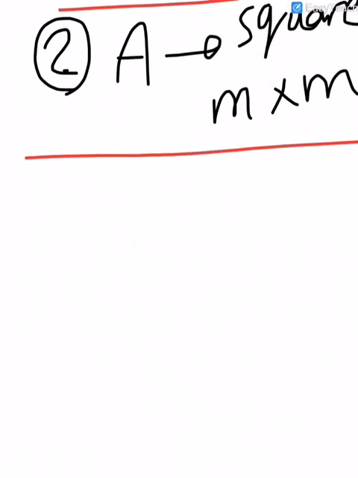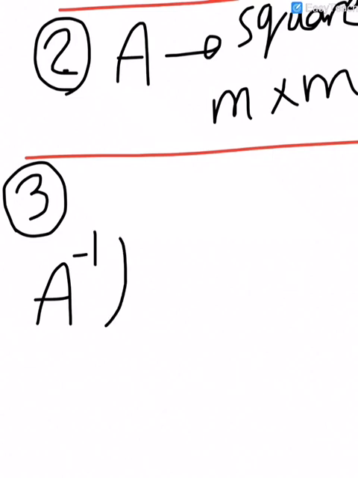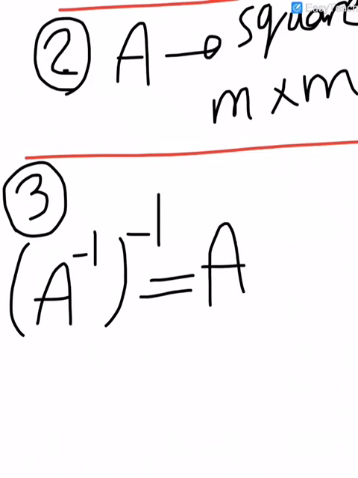The third property: if you take the inverse of a matrix and then take the inverse of the inverse, guess what? You're going to get A, the original matrix.